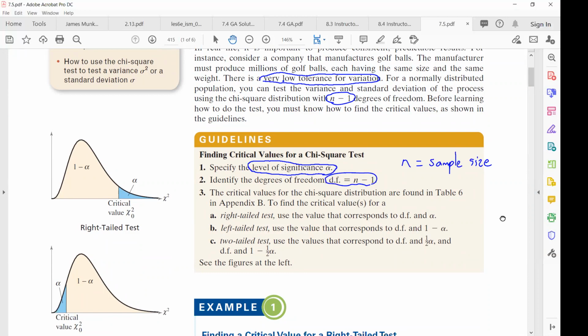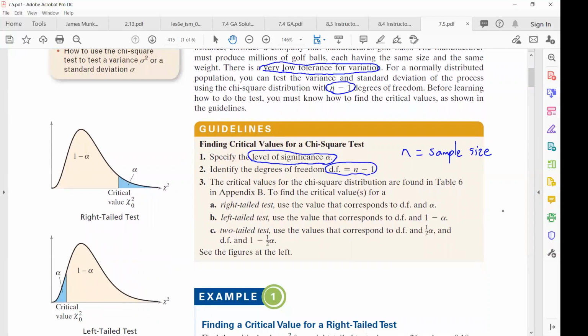So if you have a right-tailed hypothesis test, it means that your rejection region is on the right-hand side. If you want to form your null and alternative hypotheses, here you are working with variance or standard deviation. So suppose we are working with standard deviation.